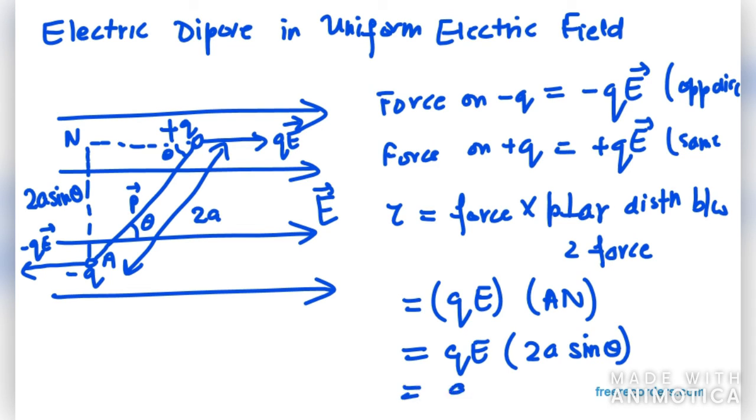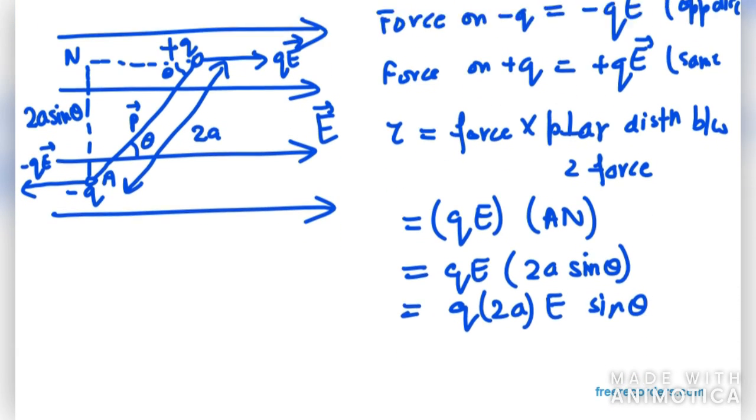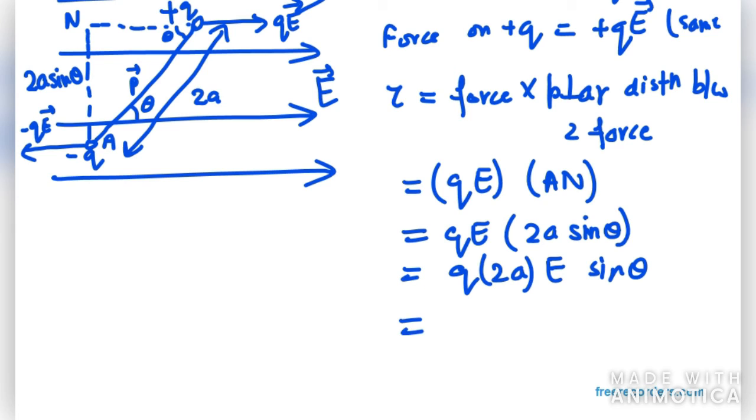So putting the value of AN here, we have Q, we have 2A, we have E sine theta. Q into 2A, as you know, can be written as P. So it will be P E sine theta. This is equal to torque.